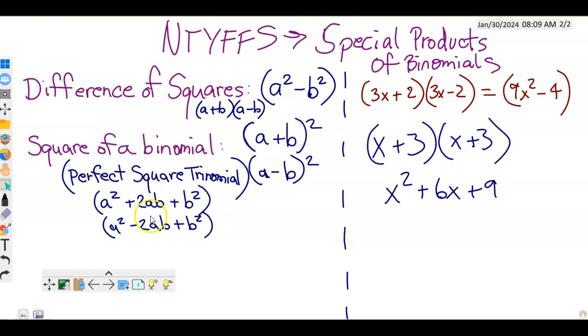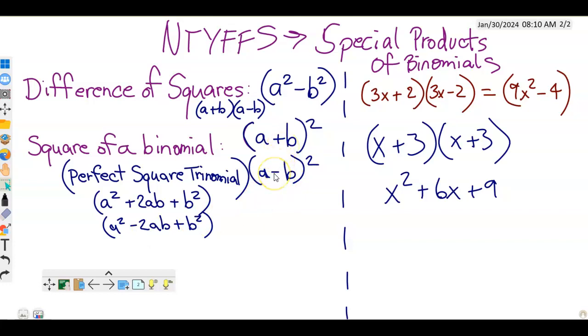Okay? Now the structure of these perfect square trinomials: a squared term is your first term. Your last term is a squared term and always positive. And your middle term is 2 times A times B. And the sign of the second term is dependent on the sign of the binomial.